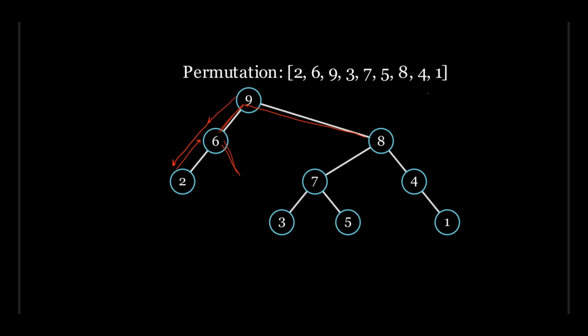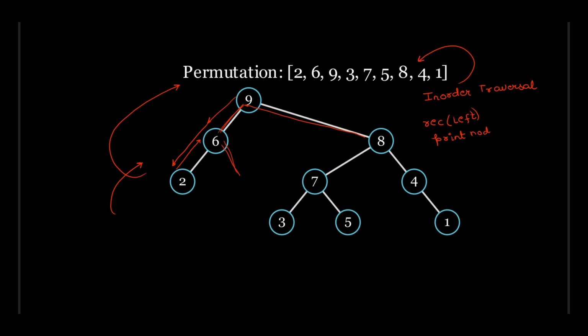So if you have learnt about in order traversal, then the permutation that you see on the screen is nothing but the in order traversal of the Cartesian tree that was created. The in order traversal looks something like this: you recurse on the left subtree, then you print the node value, and then you recurse on the right subtree.